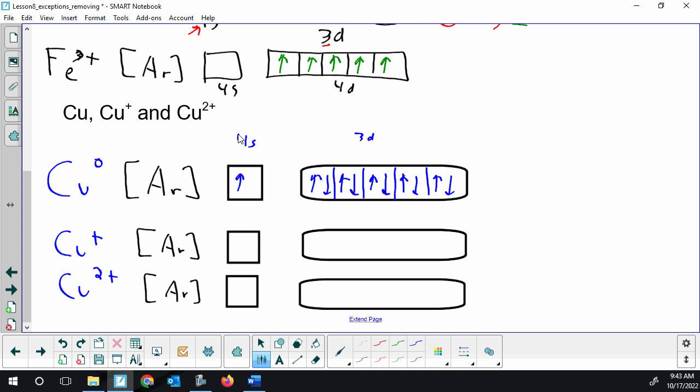When you move to copper plus, you're going to have to take away that 4s electron. So that is now empty. None of the d's moved or were removed.